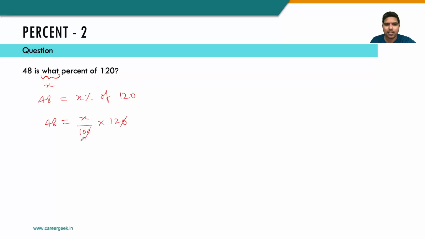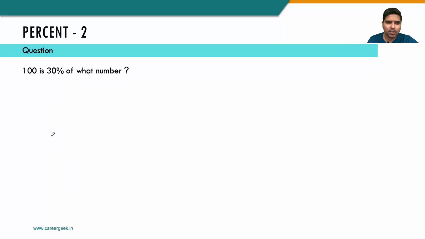So 10 gets cancelled, so 10 will go to this side, 48 into 10, and 12 will go to the other side, to the denominator. If you calculate, X will be 40. So 48 is 40% of 120.